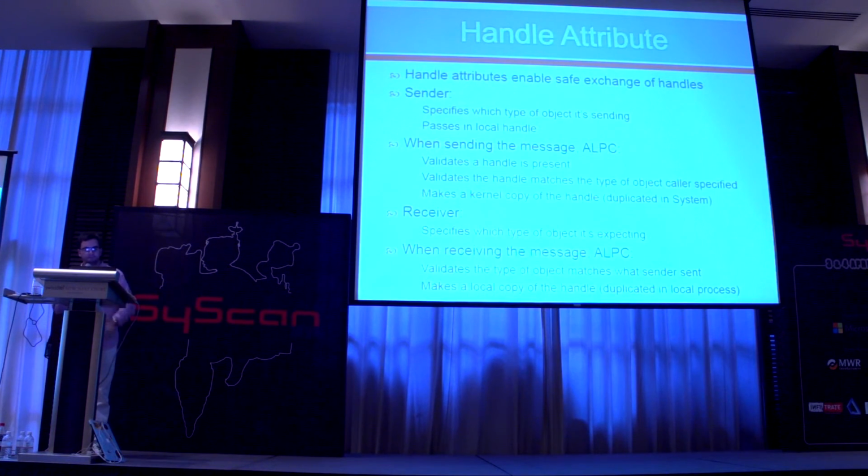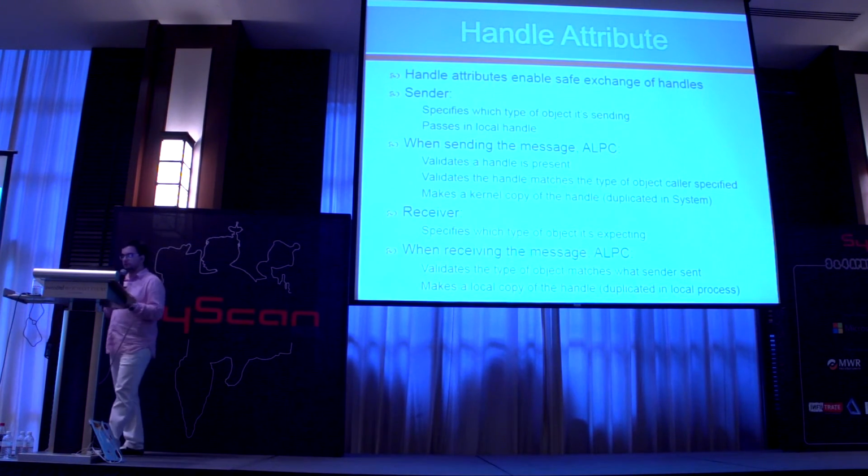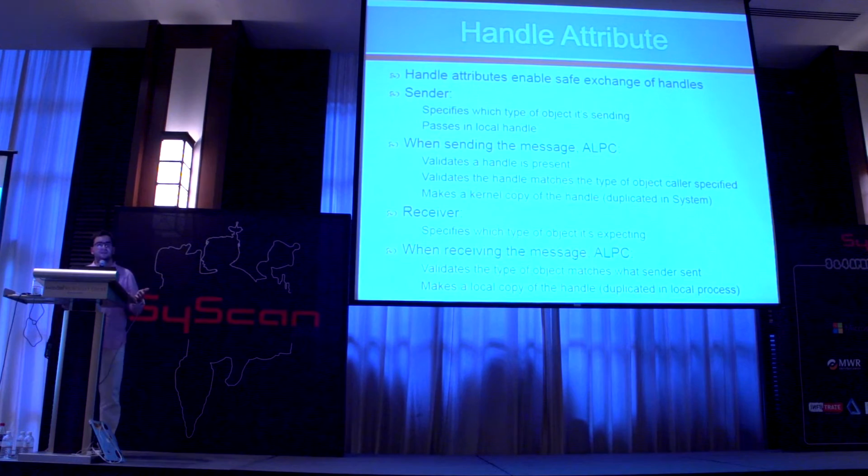So for example, the handle attribute is used when I want to share a handle with another server or client. In the LPC days, in my payload, I would put handle number 8, and the kernel would hope handle number 8 is valid to begin with, and would just send that number 8 to the receiving side.